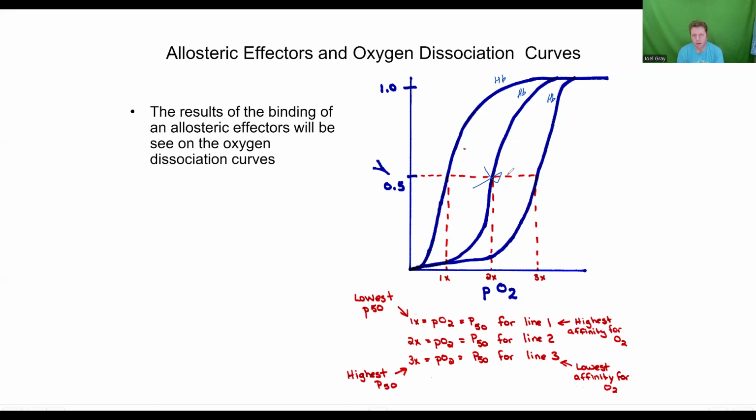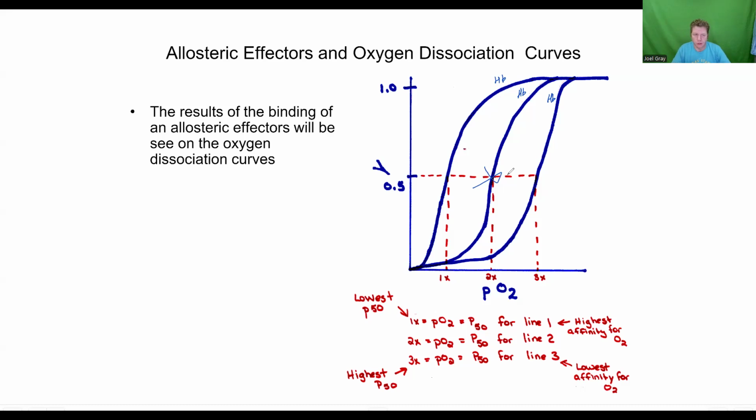You don't have to refer to a specific one. Left or right? Perfect. I want you to think about that because effectively, whenever we talk about the binding capacity of our oxygen binding proteins, it is a shift to the left or a shift to the right.